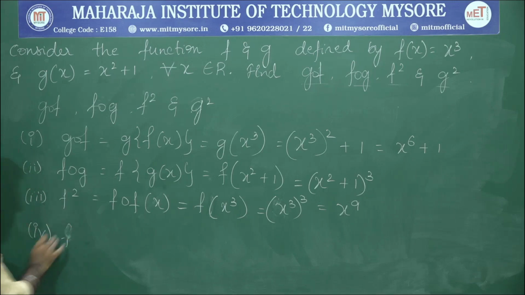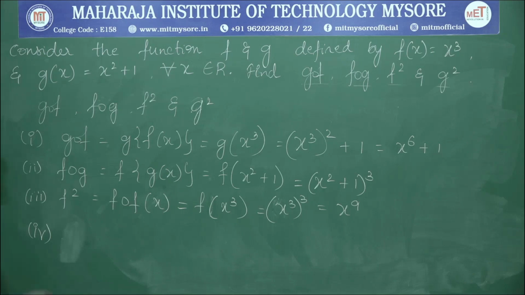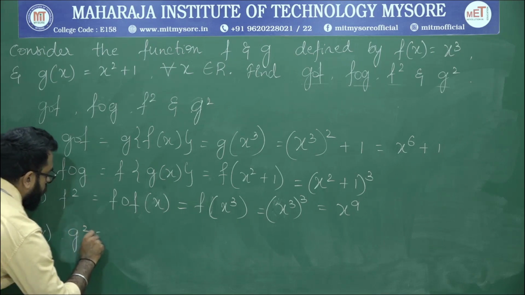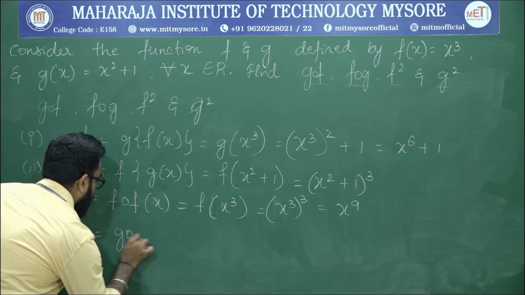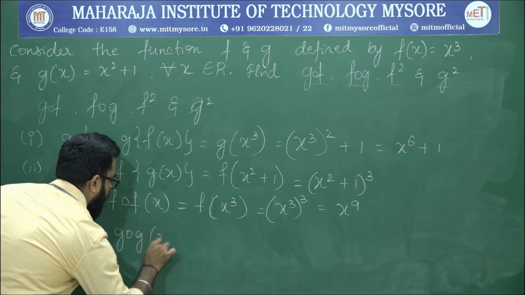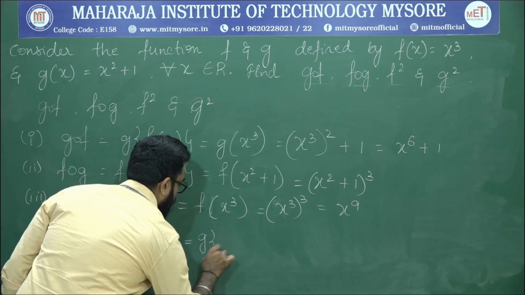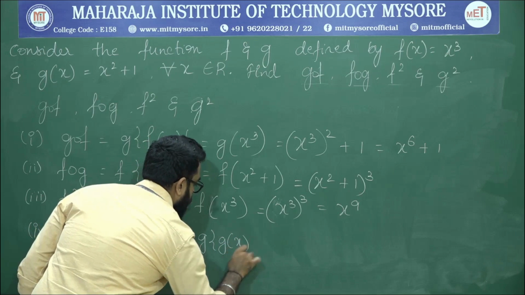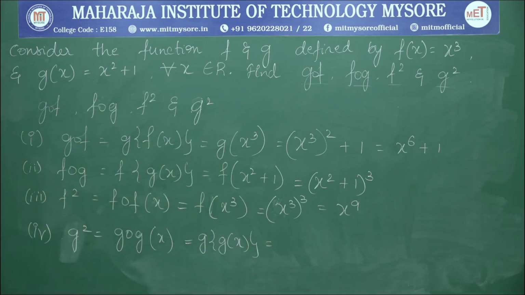The fourth one, what is it? It is nothing but g square. So it is GOG of x. So how do we do this? It is g of g of x. You know what g of x is already, that is x square plus 1.